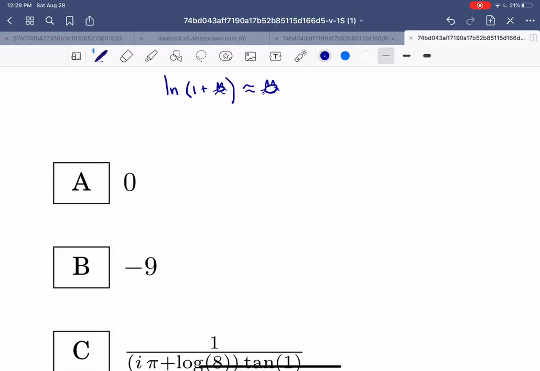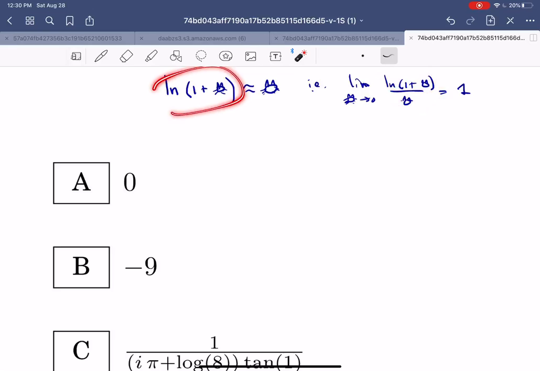In other words, the limit as cat goes to 0 of ln of 1 plus cat over cat is equal to 1. These are saying the same thing. The fact that the fraction is equal to 1 means that the numerator is roughly equal to the denominator. So this is roughly that for small cats, as long as this thing's getting small.